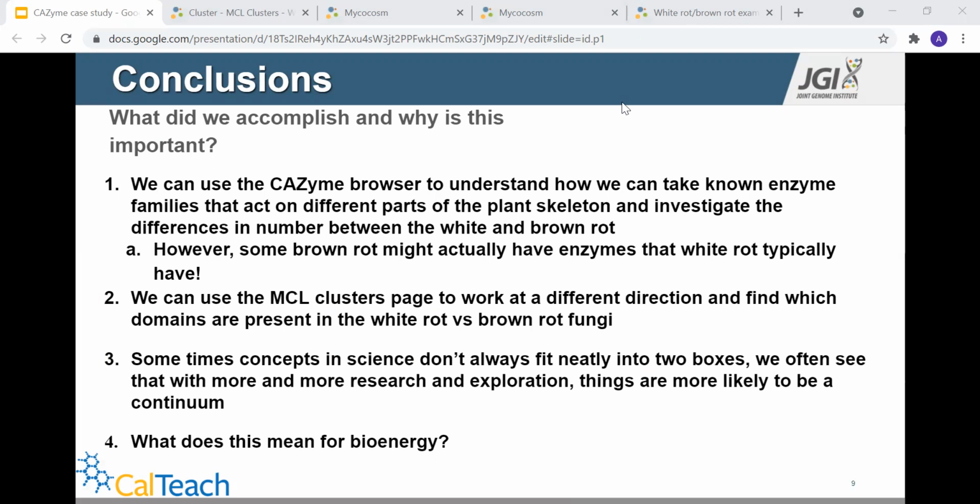Bioenergy, just to remind you, is a way to use biofuels from sustainable sources of biomass, in this case, hemicellulose and cellulose, to alleviate our dependence on fossil fuels. So understanding what enzymes white rot fungi use to degrade lignin is really important to eventually using cellulose as bioenergy. So this is why exploring these differences is so important to us.